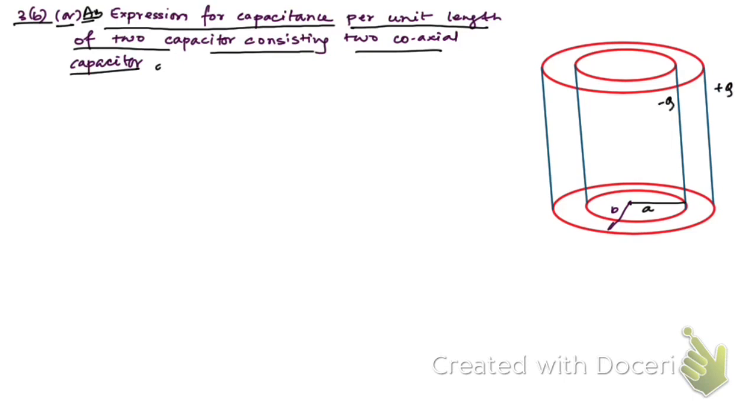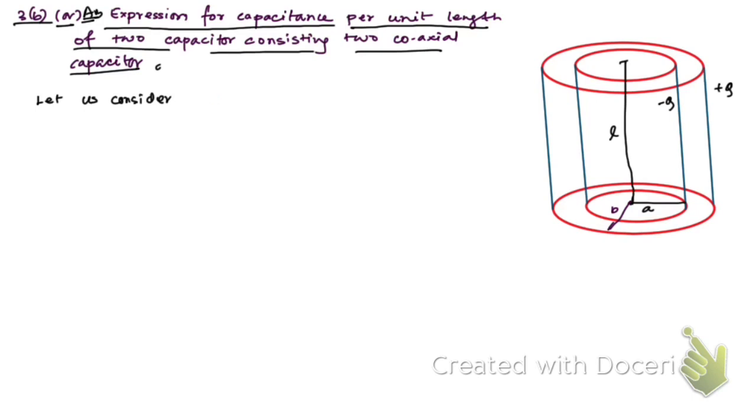Let me take it that way, and its length is, suppose, L. Let me take the length as L here, right? So let me write here, let us consider 2 coaxial cylinders.